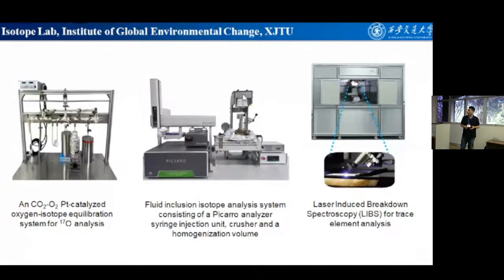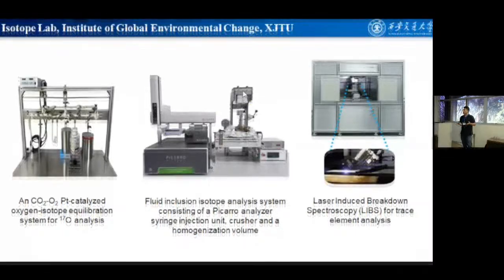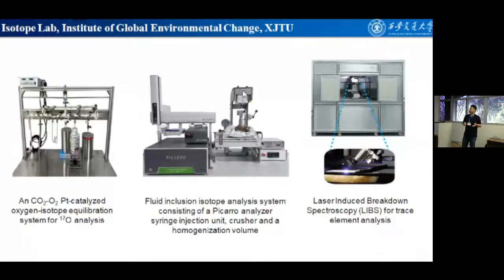We also have some new technologies such as we use the palladium catalyzed method for O17 measurement. We also use the Picarro analyzer connected with the vacuum crusher for the fluid inclusion measurements, and also the LIPS can be used for the trace element.